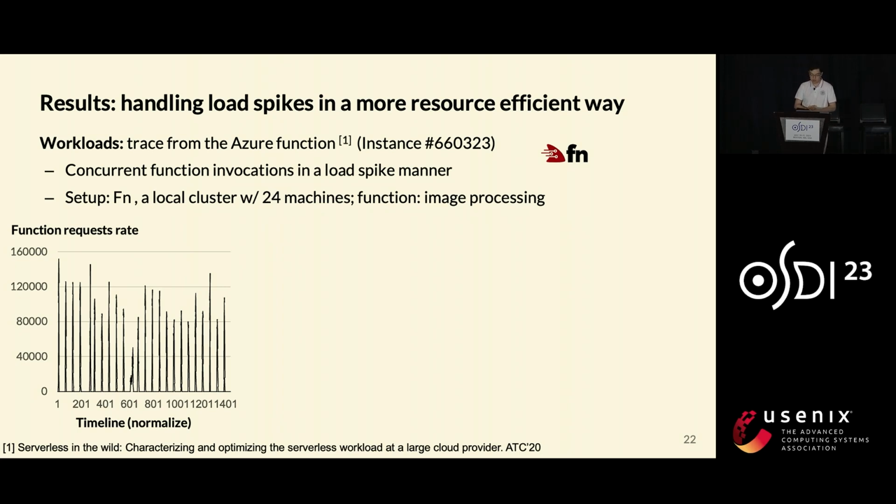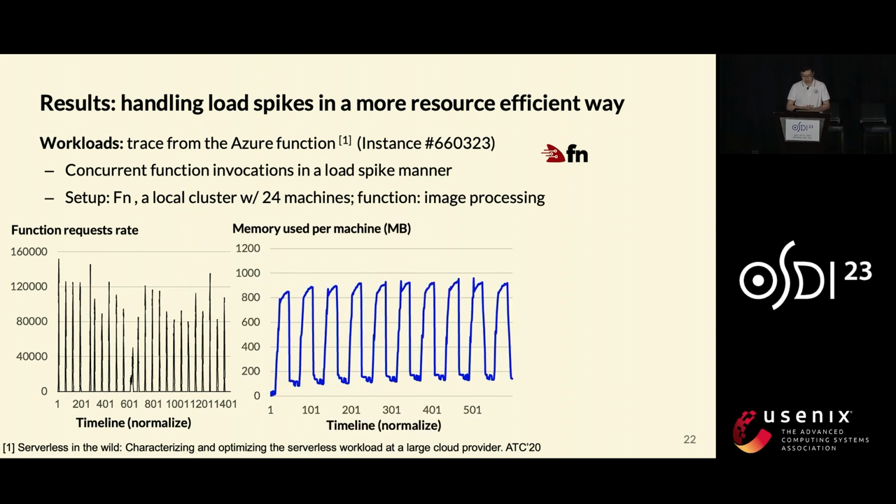Here is a real workload trace from the Azure Function. As shown in the figure, there exist load spikes of concurrent function requests. Fn is an open-source serverless platform that caches containers for a short period to avoid cold start. Nevertheless, it may make much memory occupied, as the blue line shows.